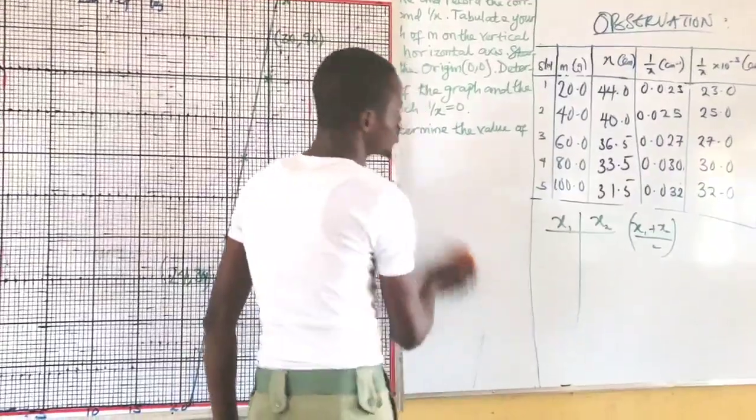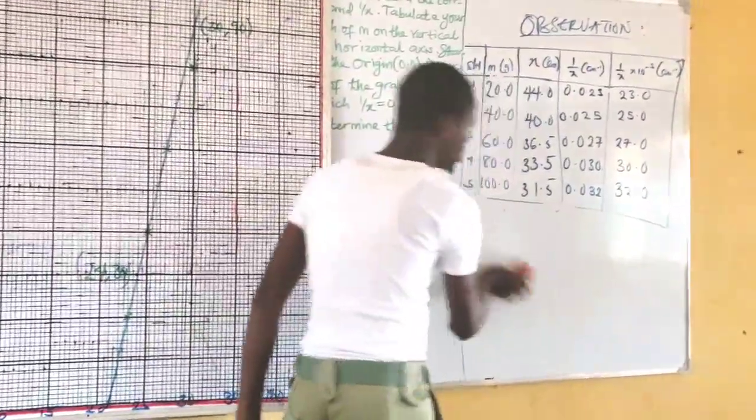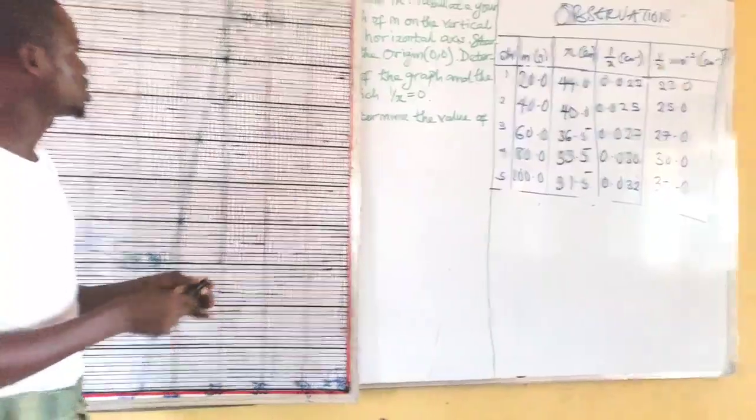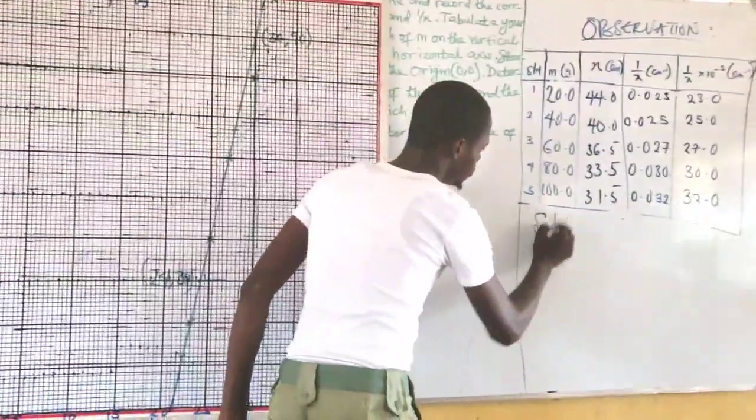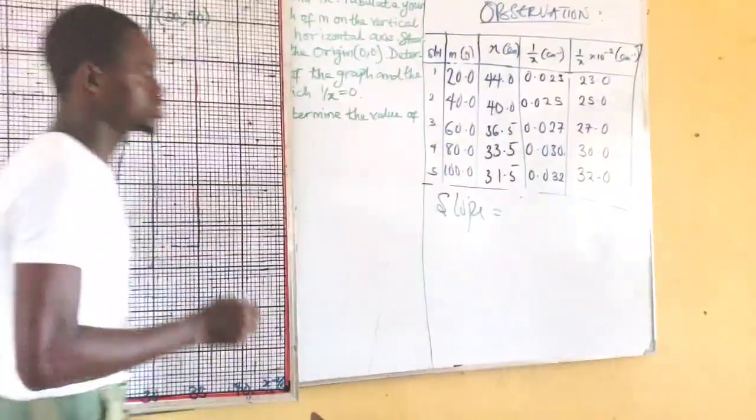I can easily find the slope by writing my slope in this place here. The slope of the graph should be equal to this.